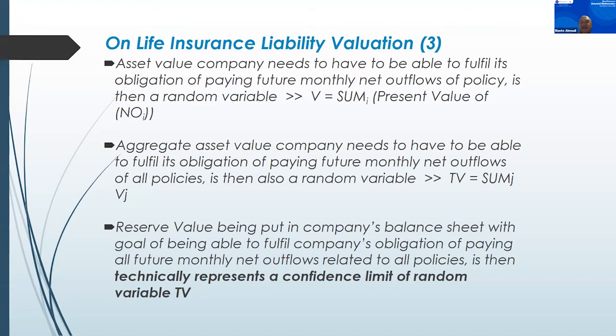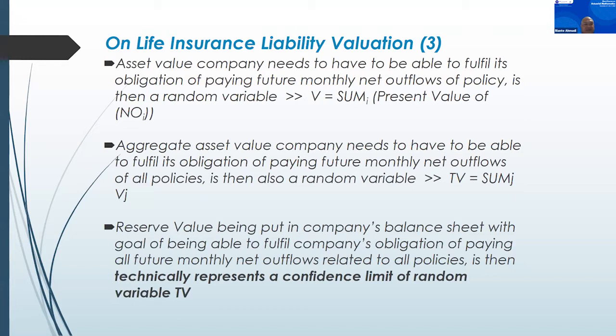Now, this present value concept is basically a random variable. But from time to time, to construct the balance sheet of the company, what we need to give to the accountant is a value only. We cannot give a random variable to the accountant.